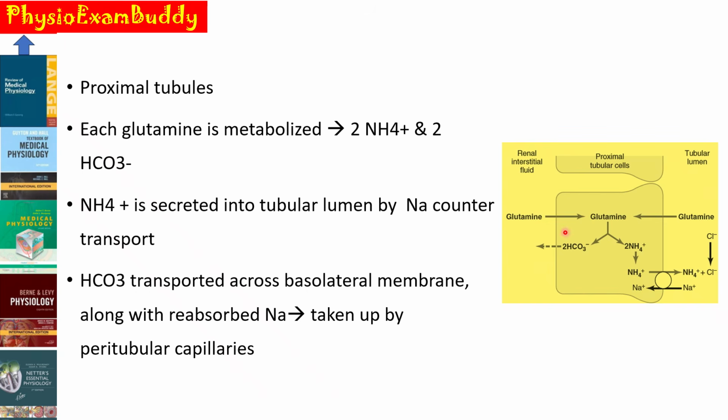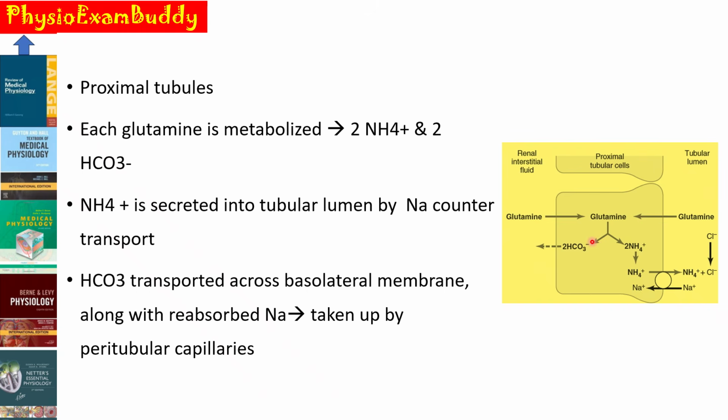So we have seen that this ammonium ion is formed from the glutamine. In the proximal tubular cells, each glutamine is metabolized. It will form two NH4+ ions as well as two HCO3-. This NH4+ is secreted into the tubular lumen by a sodium counter transport.